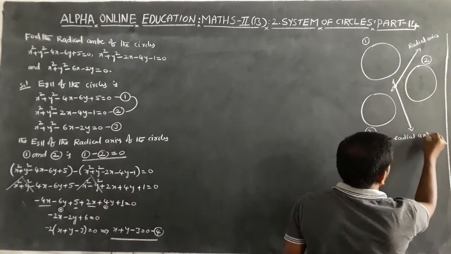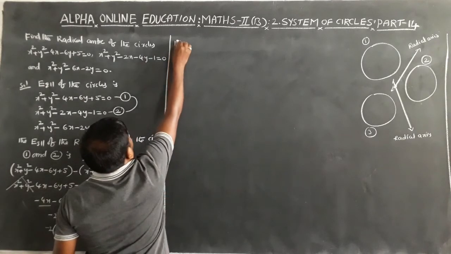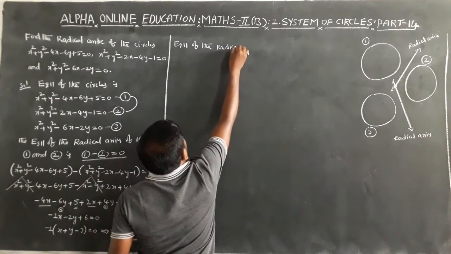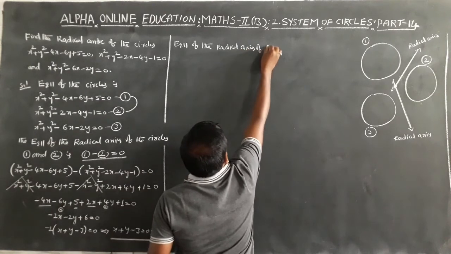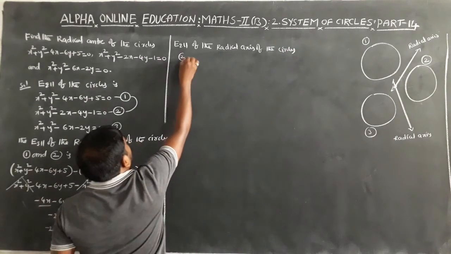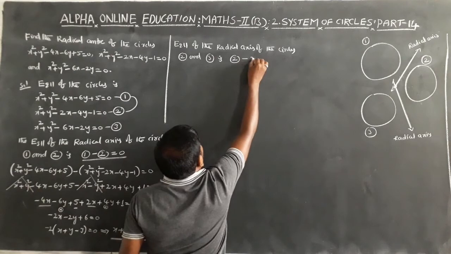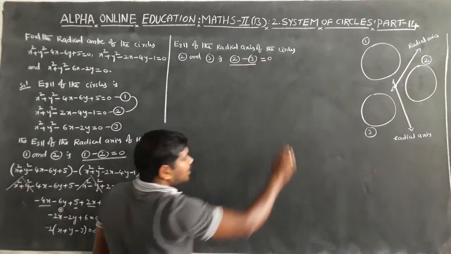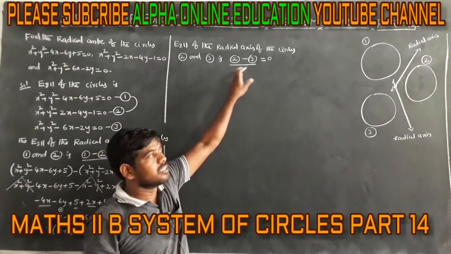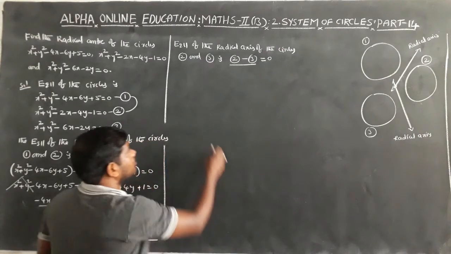The equation of the radical axis of the circles 2 and 3 is second circle minus third circle is equal to 0.